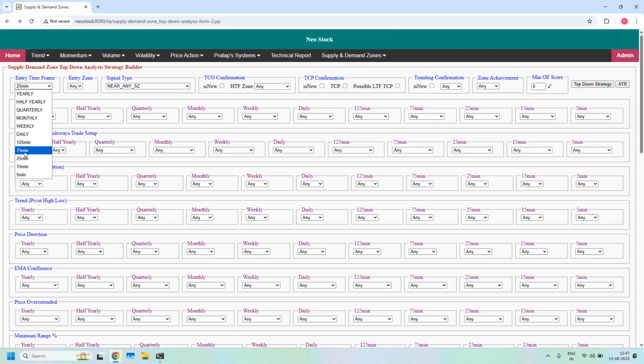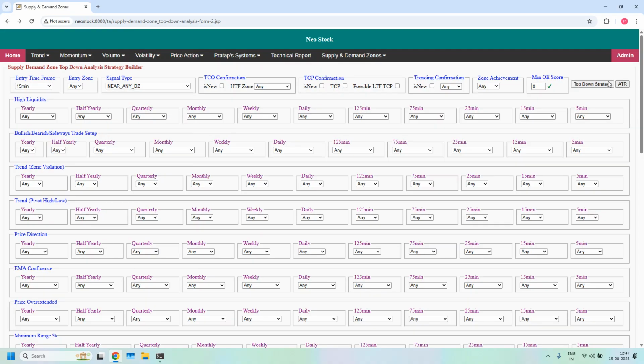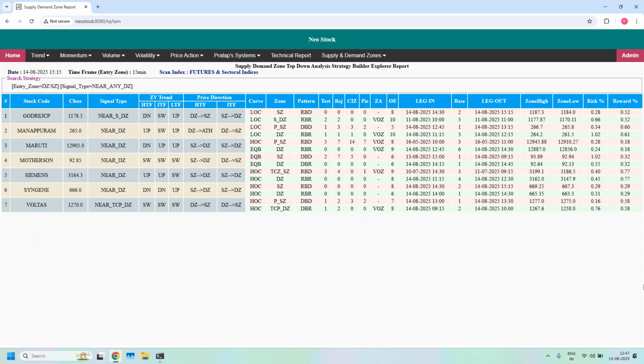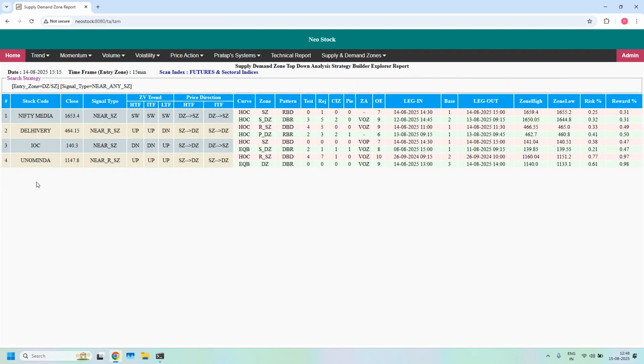Next time frame is 15 minutes. Stocks near to the 15 minutes demand zone, we got 7 stocks. Next, stocks near to the 15 minute supply zone, we got 4 stocks.